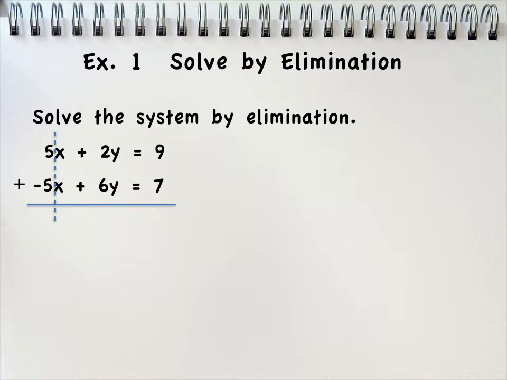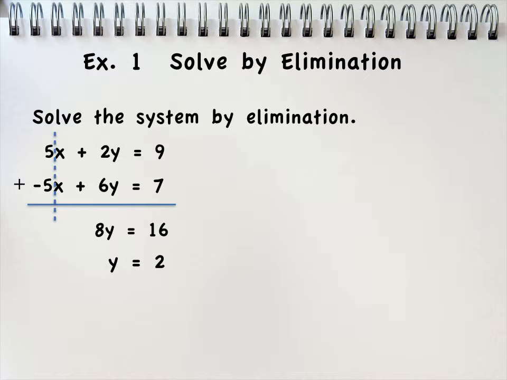If I add my y terms together, I get 8y, and 9 plus 7 is 16. So my system of equations became a very simple equation to solve for y. We can divide both sides by 8, and we get y equals 2. So the y coordinate of my solution is 2.